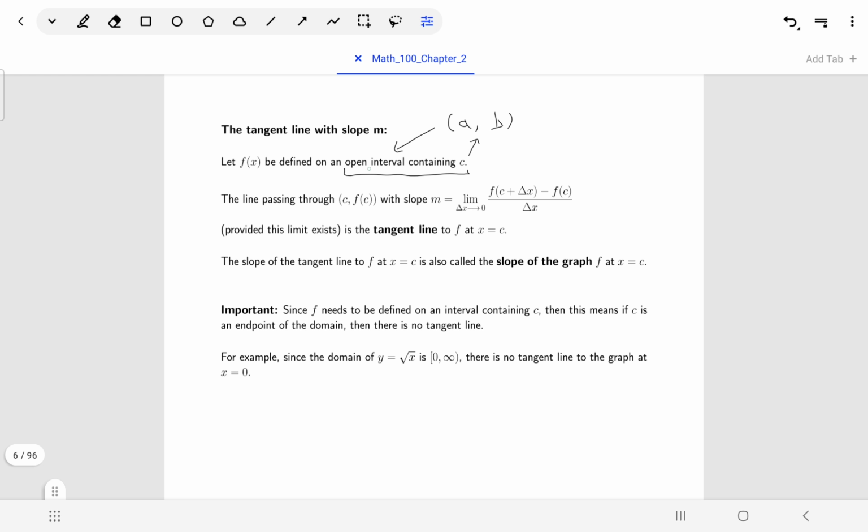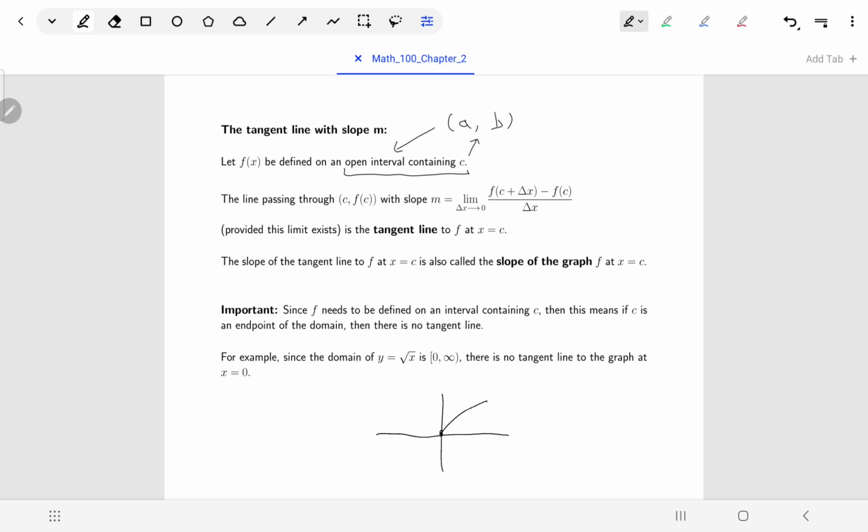A consequence to mention is that we said back here at the beginning that our point needs to be defined on an open interval. So in other words, there needs to be some function happening to the left of the point and some function happening to the right of the point. That means if you were interested in something like our square rooting function, y equals square root of x, that function is only defined starting at 0 and going onward to the right. So if you were interested in a tangent line when x is 0, you'd run into a problem because there is no graph happening on the left of 0.